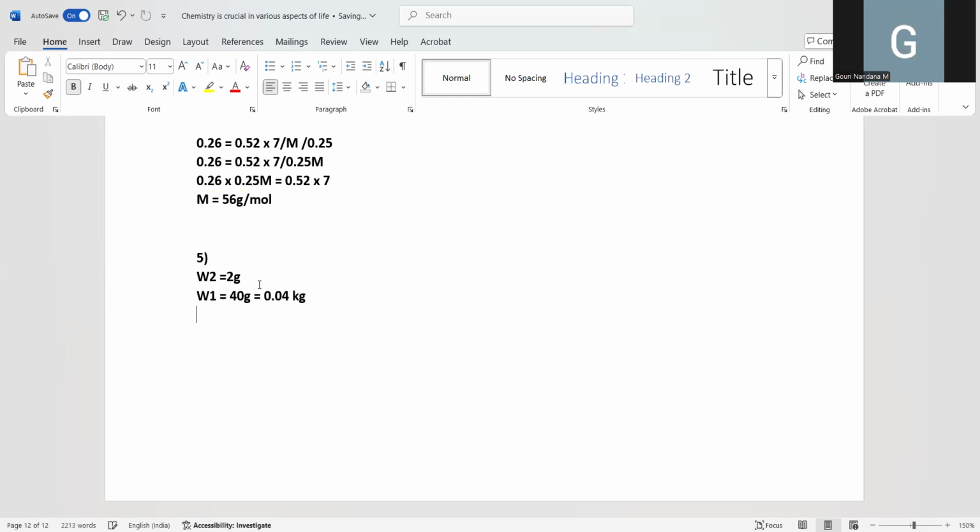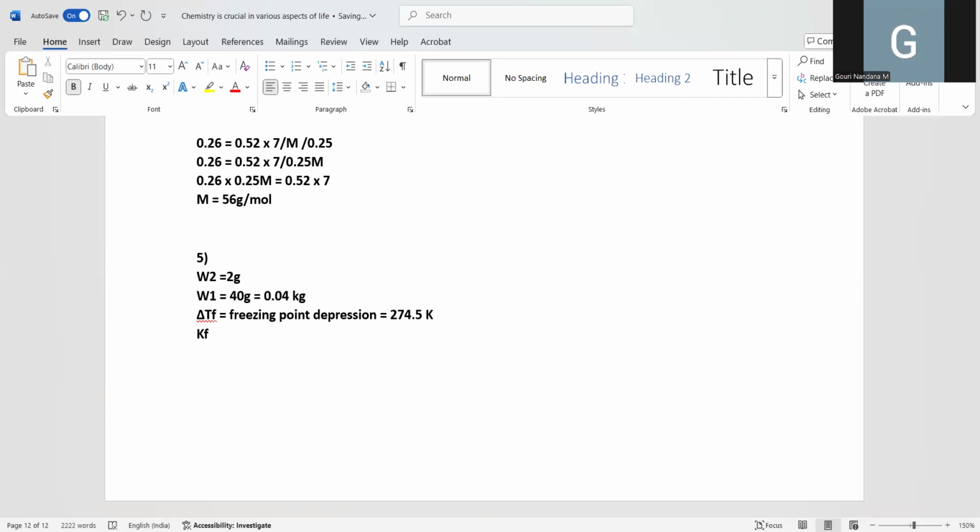Then the freezing point depression, that is TF, is equal to 274.58.